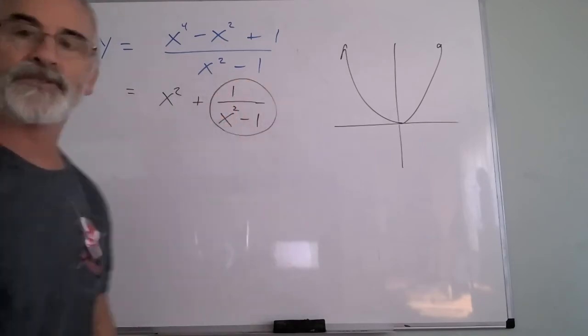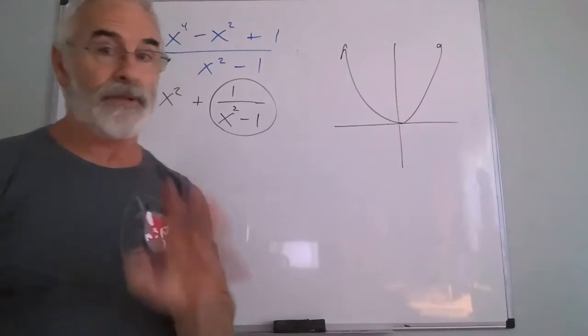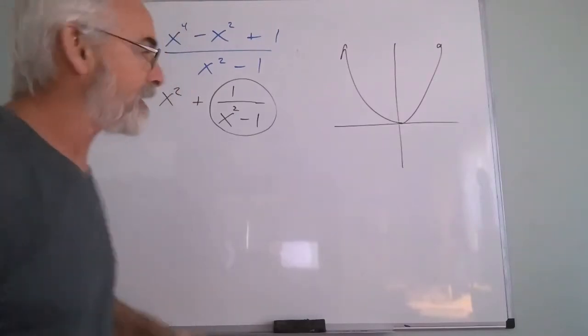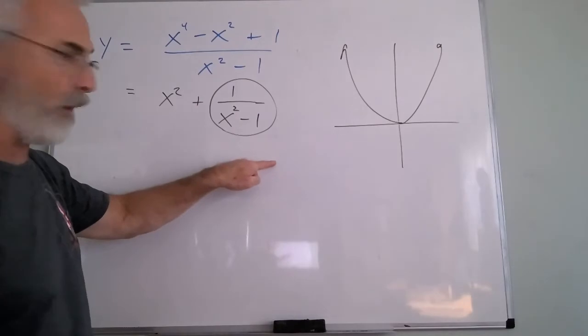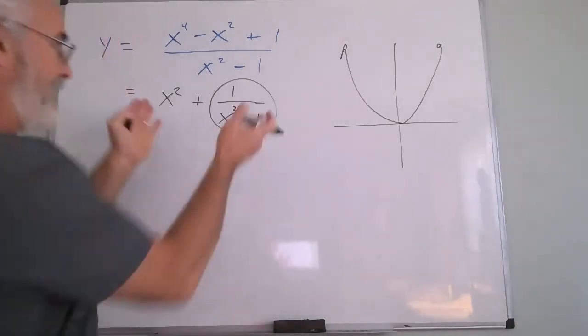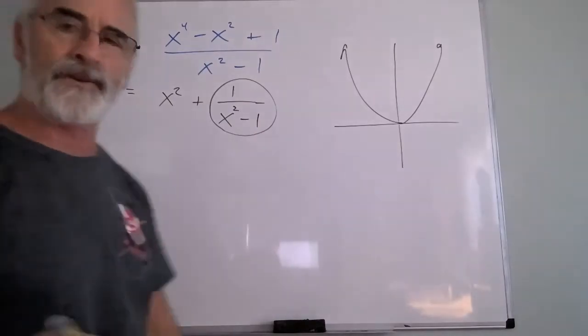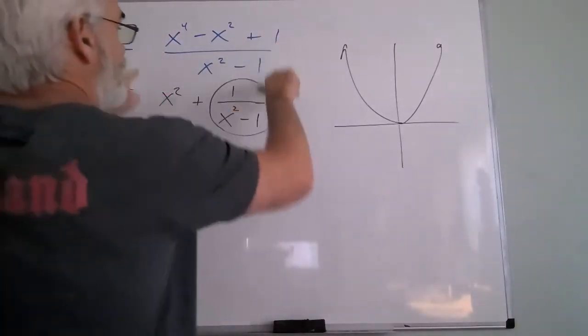But that's a transient term that's getting really small really fast. Now, here's what you cannot ever do. You cannot take the limit of part of this. I can't say, let me just take the limit of this part and ignore this. No. If I take the limit as x goes to infinity, this is going to be infinity. The degree of the numerator is higher. No. What's happening is this function is equal to this function.